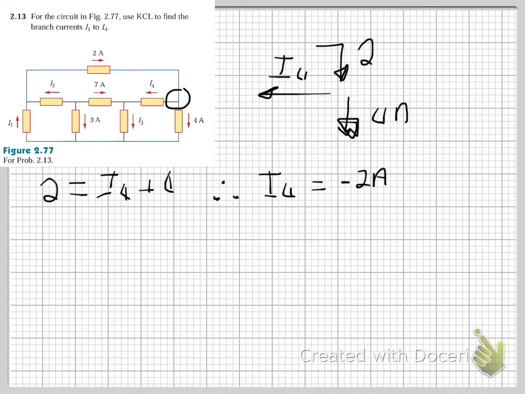And then when we look at our node here, we've got I4 coming in, and we have I3 flowing out, and we have a 7 amp flowing in, right?